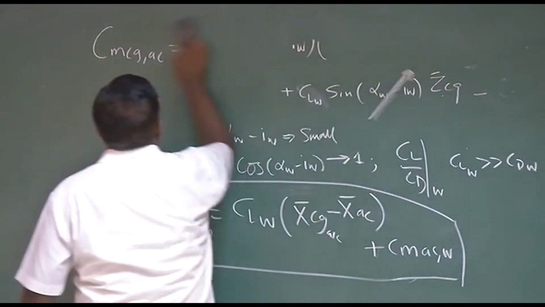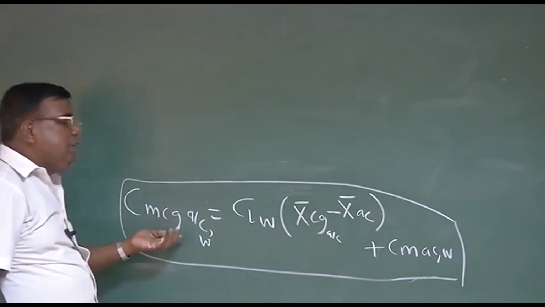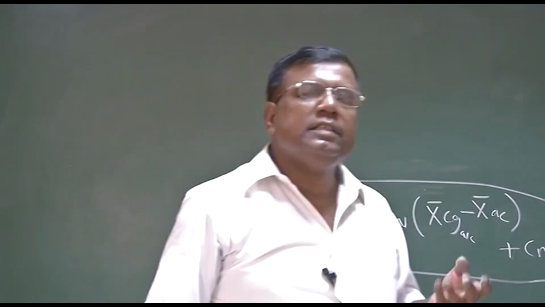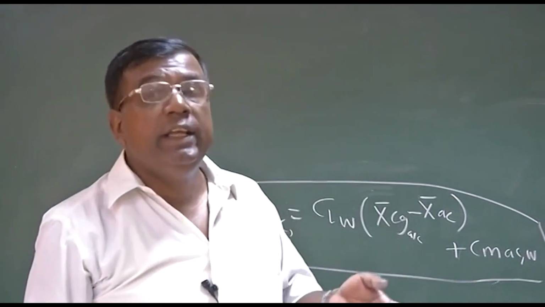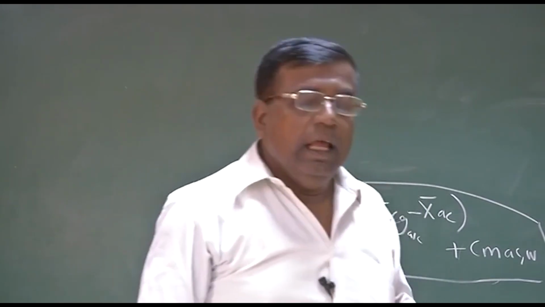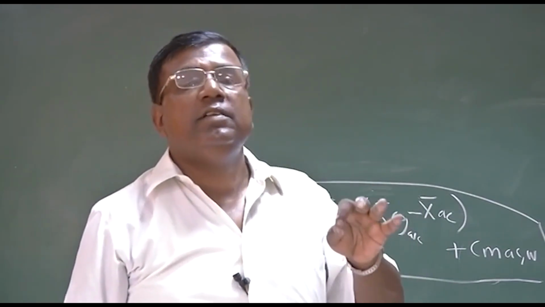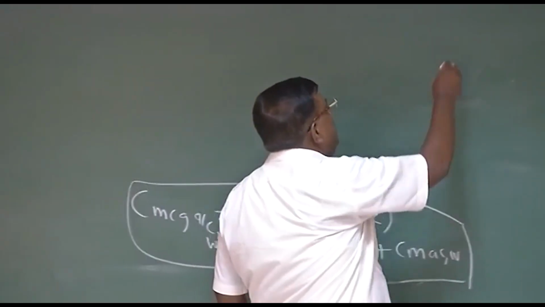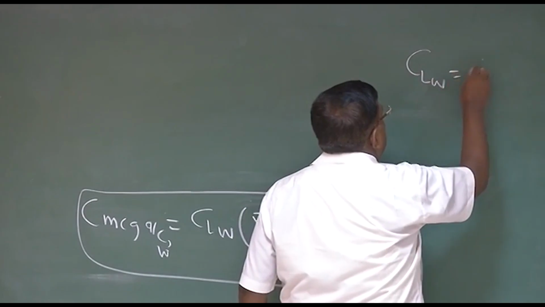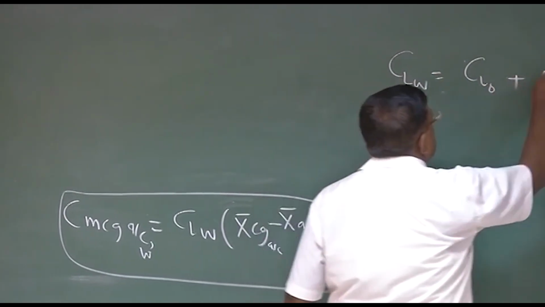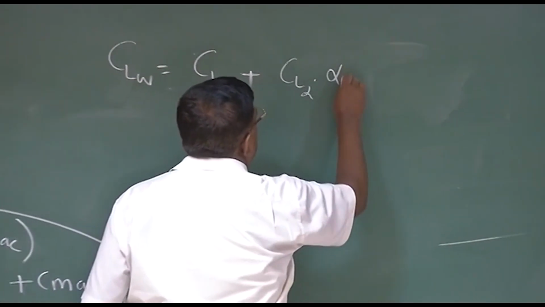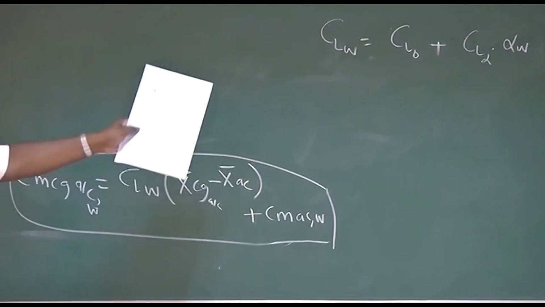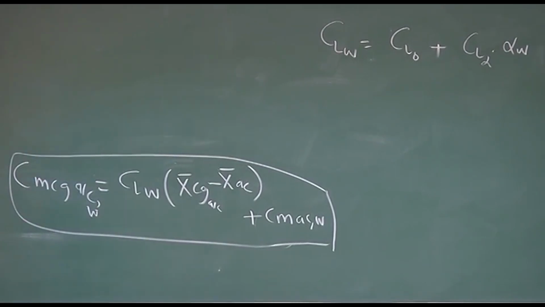If this is clear, now let us do further simplification. I don't want to carry too many expressions. So what were the assumptions to get this neater expression? That alpha W minus IW is small, CL of the wing is much larger than CD of the wing, and Z CG is 0, that is CG is on the fuselage reference line, which are very realistic assumptions. Now, we also know CL of the wing, because we have taken a cambered wing, I can write as CL naught plus CL alpha into alpha of the wing. So we substitute here, instead of CL wing, CL naught plus CL alpha of the wing into alpha wing.